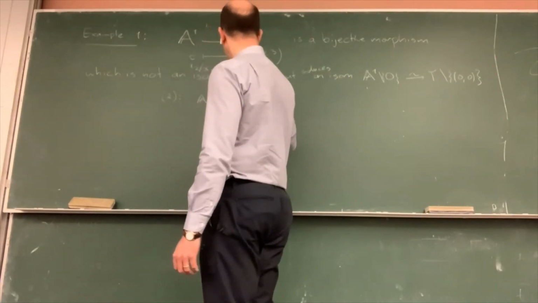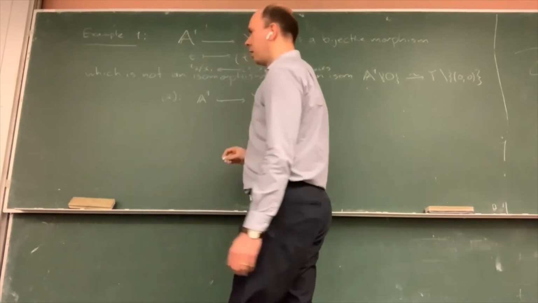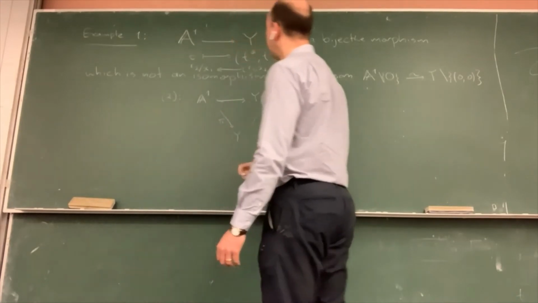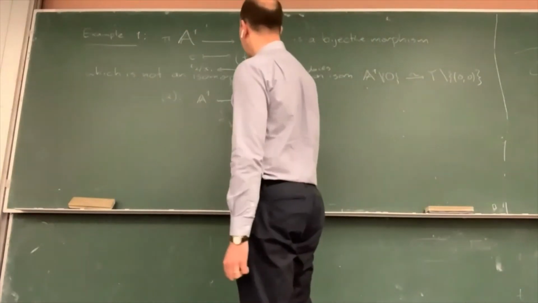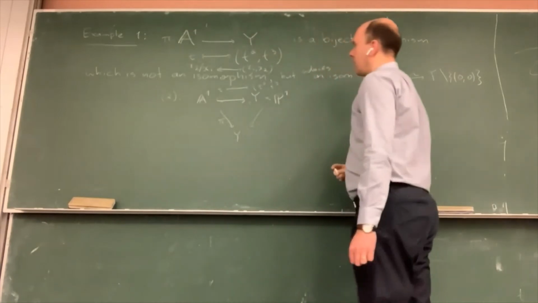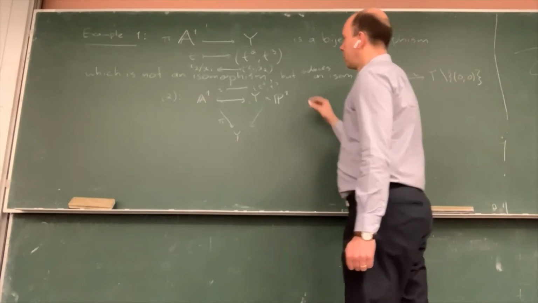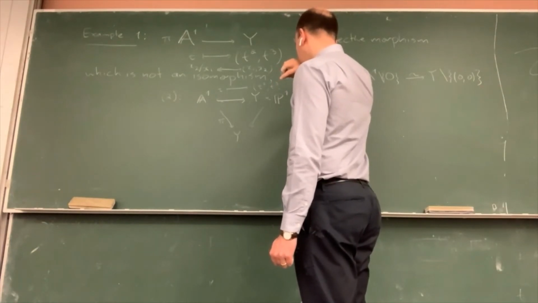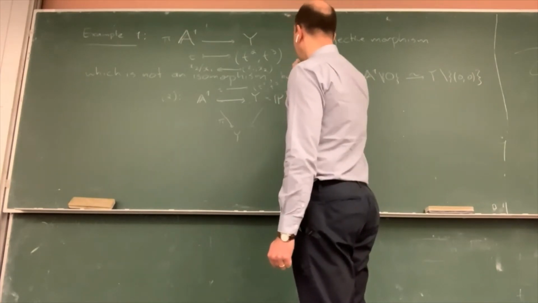Probably going to get this wrong, but I'm pretty sure I can embed this in A1 cross, sorry, in Y cross P1 in a way that will project to Y. So let me see, I need to send T to T squared, T cubed.